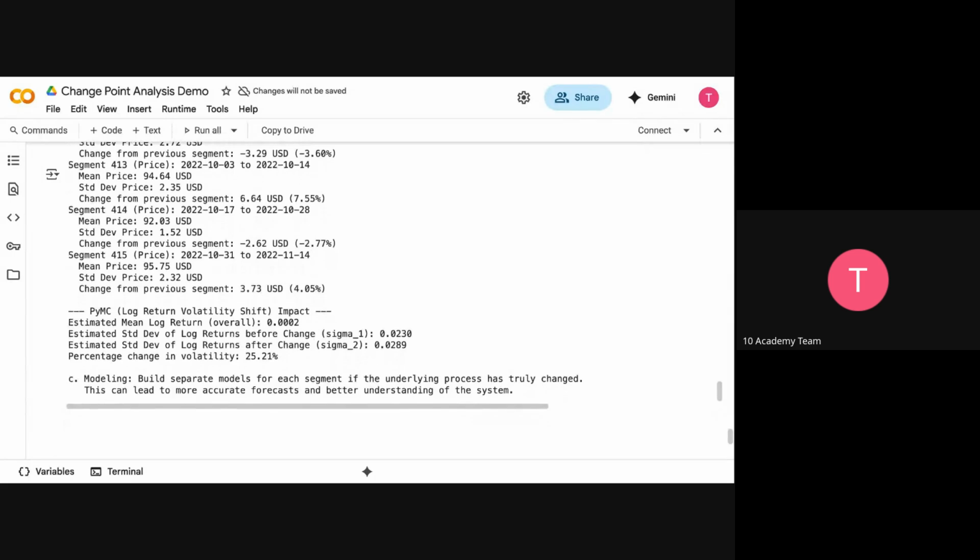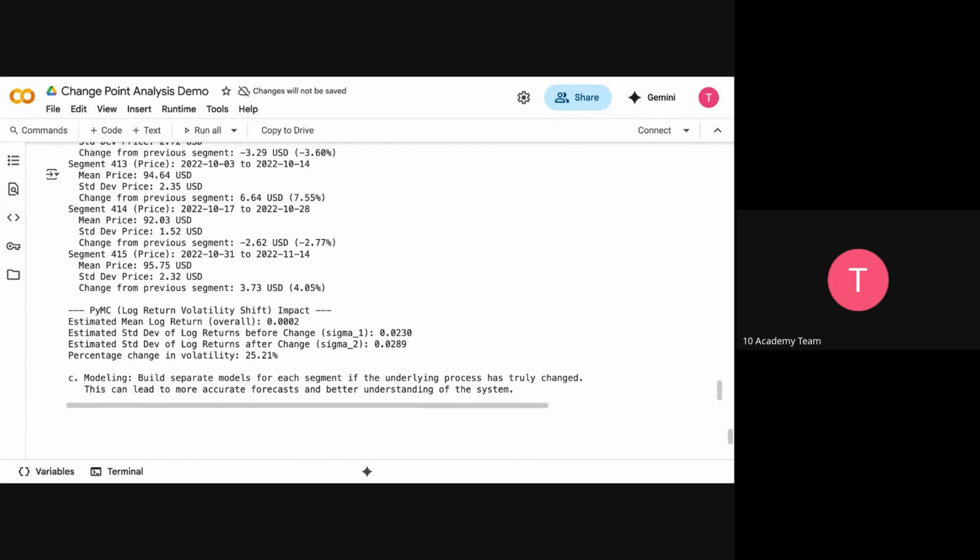Good. So for the Bayesian, since it has only identified one point, of course you can play around with it, and I think I have commented on the code where you can change in order to find more than one change point, and you can do the analysis for that change point as well. So here you can see the overall mean log return, and from that log return we have identified the change point, right?